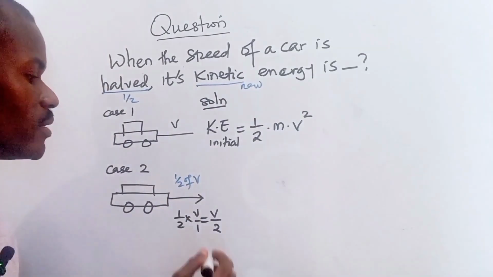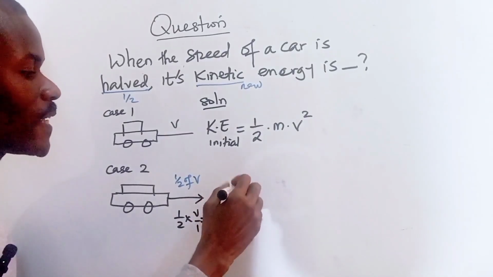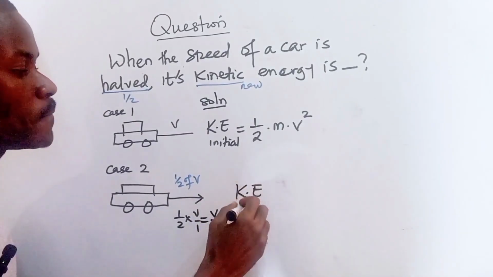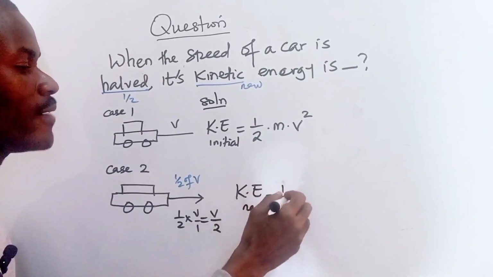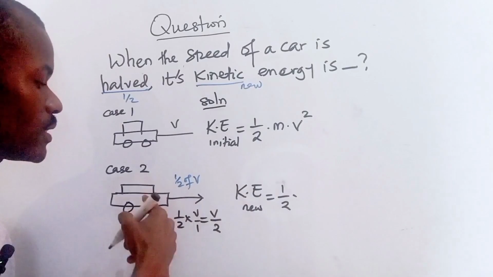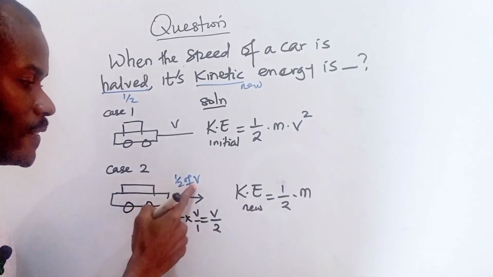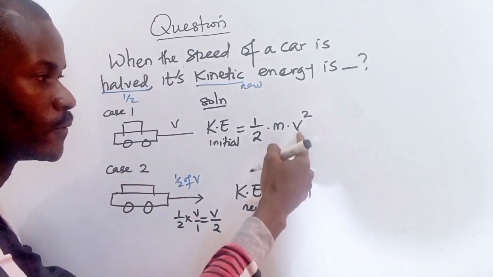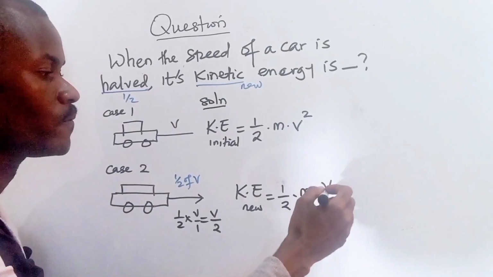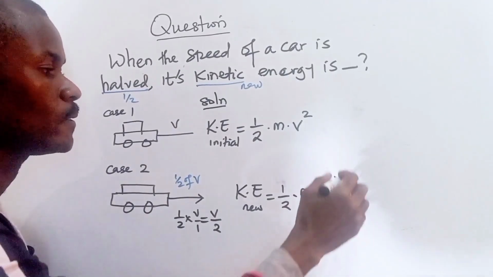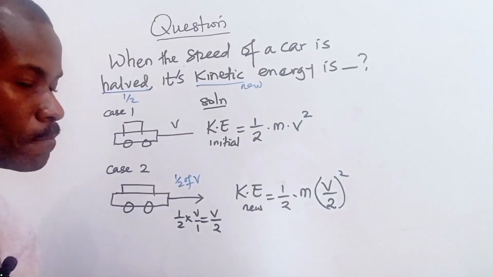So the new kinetic energy is going to be half, multiplied by the mass, which is still constant, but since the speed is half, we're not going to use V, we're going to use V over 2, all in bracket squared.